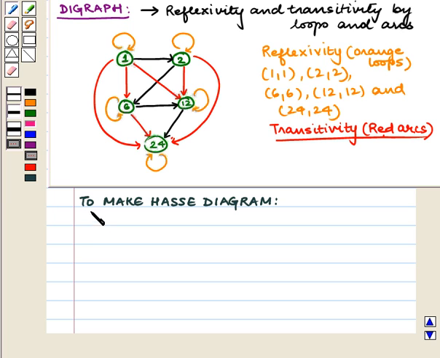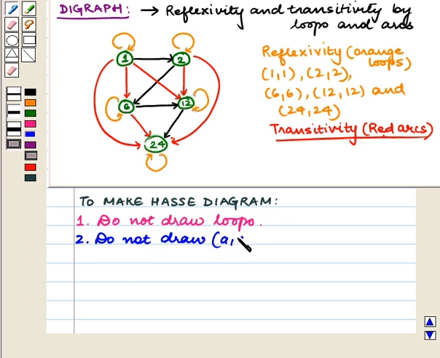Now to make the Hasse diagram, do not draw loops, and do not draw arcs from a to c when there are arcs from a to b and b to c, which shows transitivity.